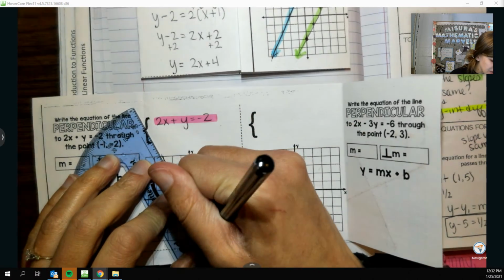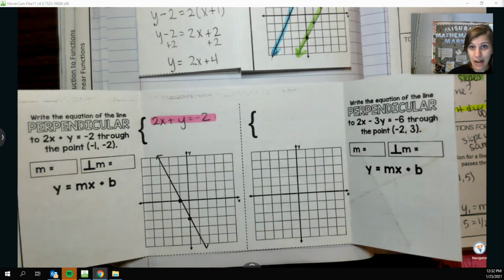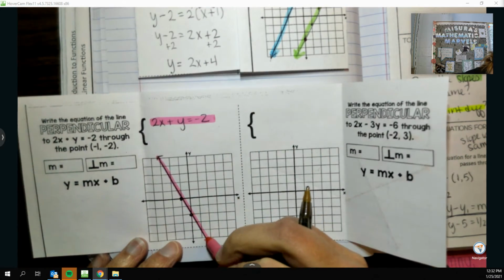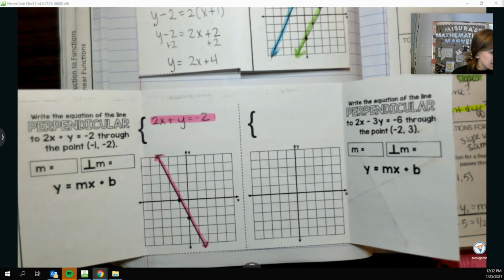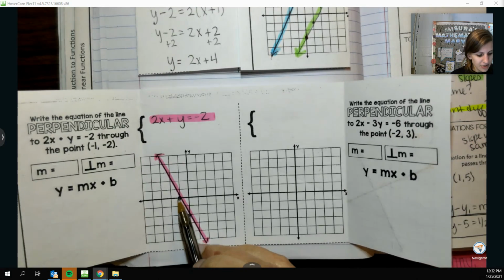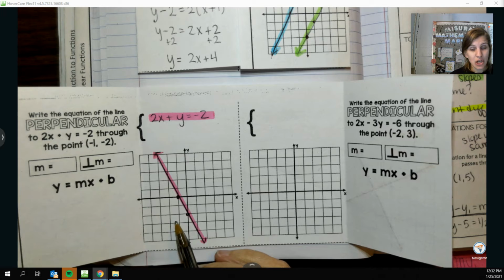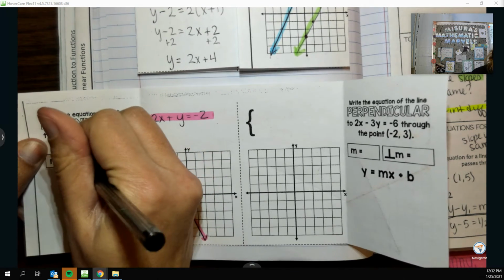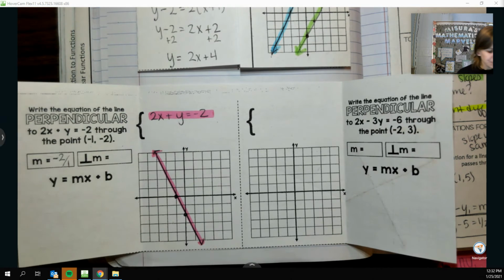Now that's super helpful for a couple of reasons. First of all, I needed to graph the line, but secondly, now I can find my slope. So the slope of this line from here to here is down 2, forward 1. So down 2, forward 1.